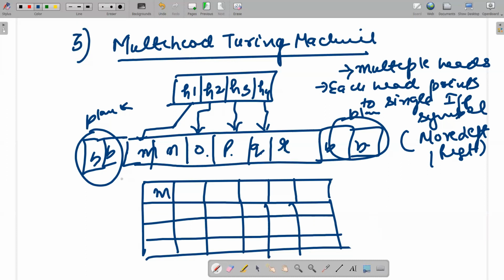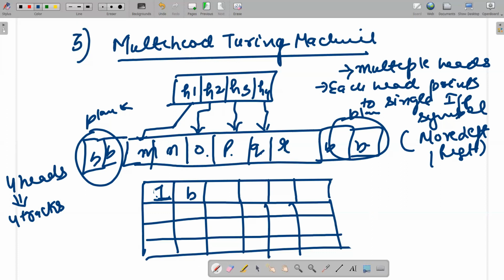So how many tracks we had? 4 heads. So we had 4 tracks, right? So if M is the very first variable out of this, so what we are going to have in this particular scenario, for M, I'm putting it as 1, right?